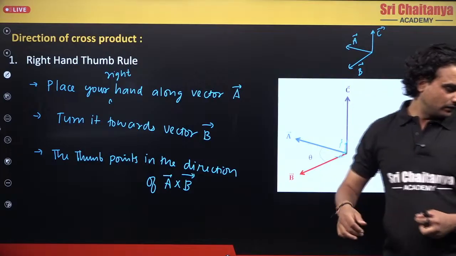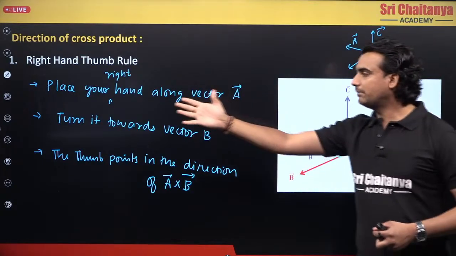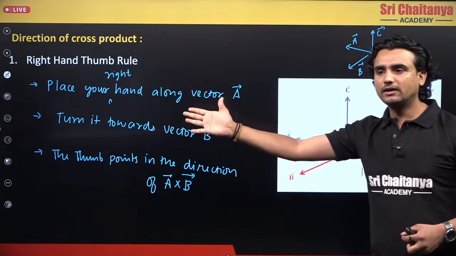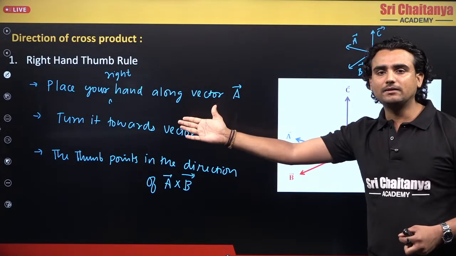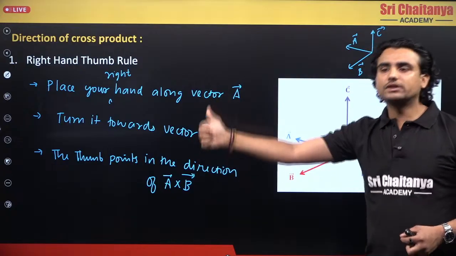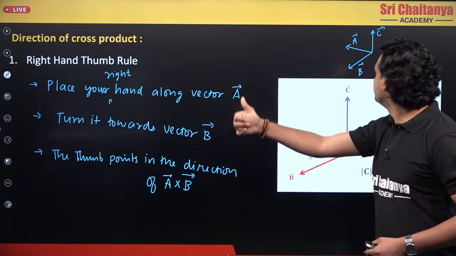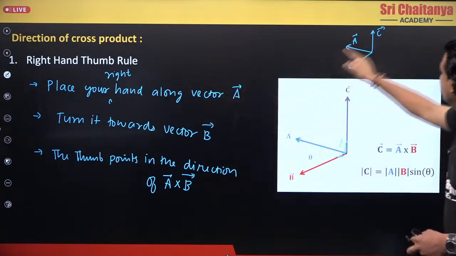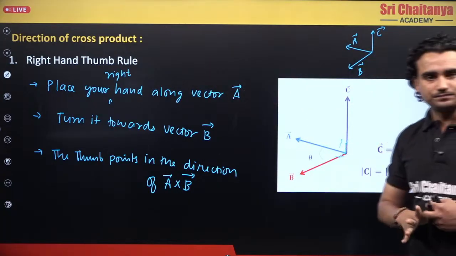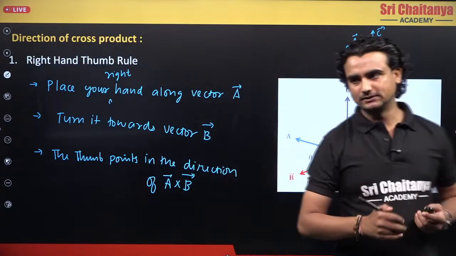So first I will take my right hand towards this, and then I will turn it towards vector B. The direction of the thumb is pointing upwards, correct? That is the direction of my vector C, okay?